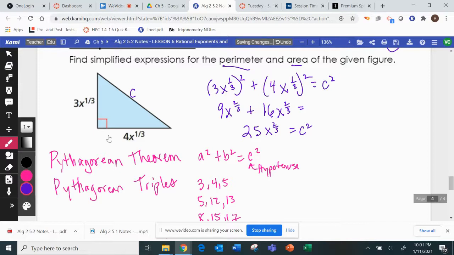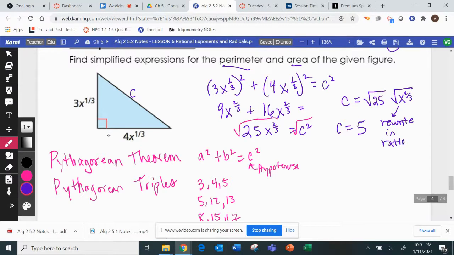And then what we have to do is square root both sides. So when we square root both sides, we're going to square root the 25 and we're going to square root the x to the 2/3. I'm going to start with that square root of 25. We should know that that is 5. Now the square root of x to the 2/3, I'm going to rewrite in rational exponent form.